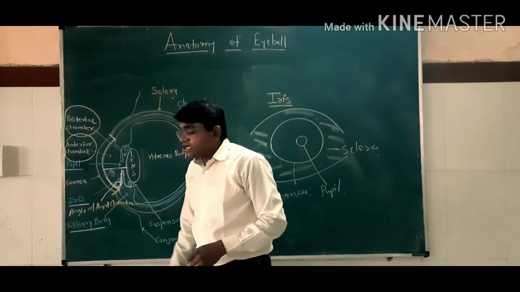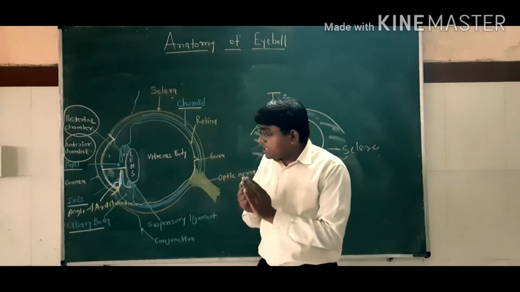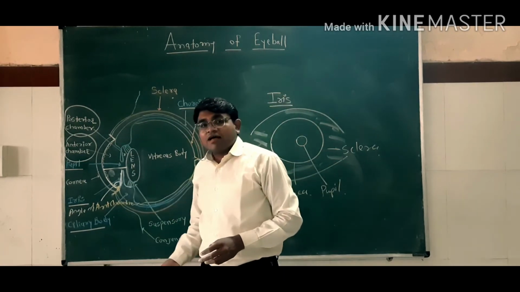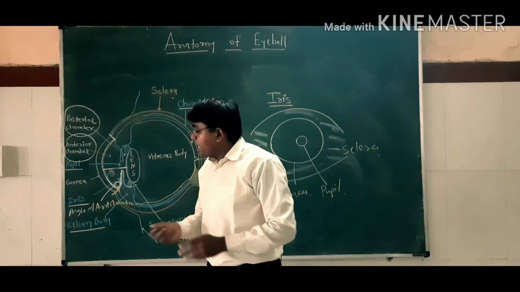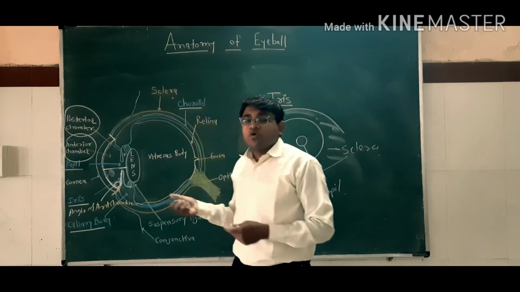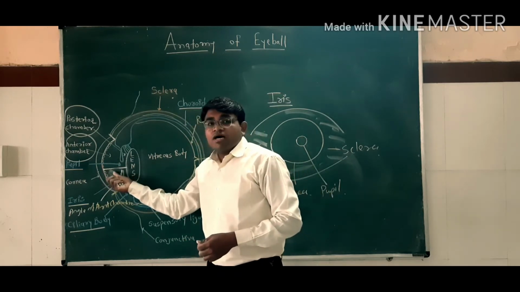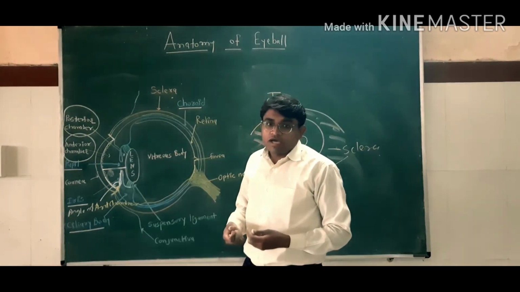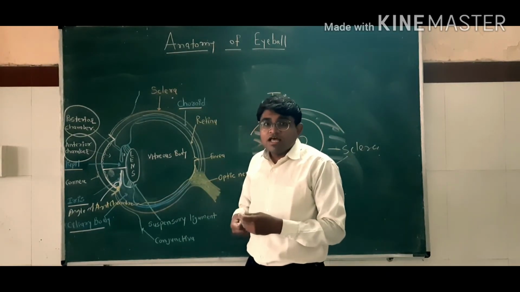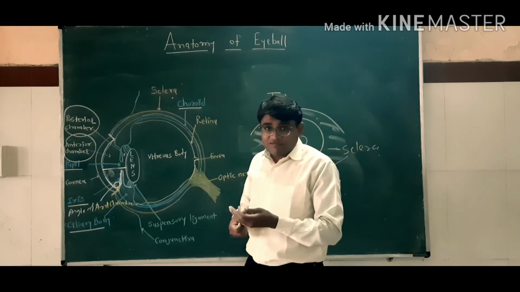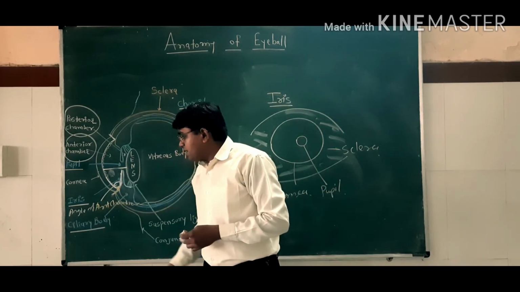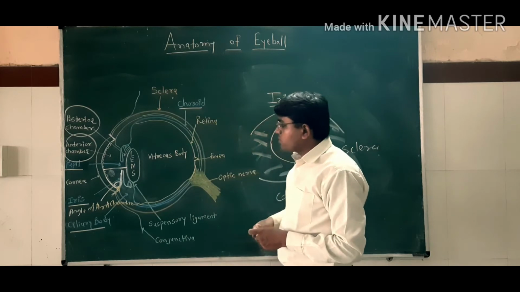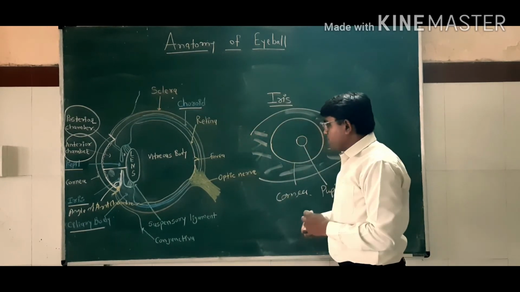If the angle of the anterior chamber becomes smaller, the canal of Schlemm is closed, and if it is closed, the aqueous humor cannot be drained from the anterior chamber. So the intraocular pressure can be aggravated. That's why this angle of the anterior chamber is important for clinical anatomy.